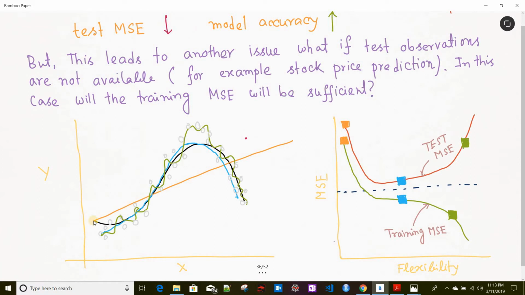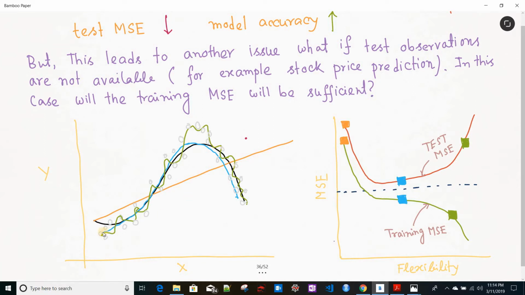Now this orange color line is much less flexible because it is almost not touching any of these points. So we call the green one overfitting of the data, and in this particular scenario the orange one is underfitting of the data.